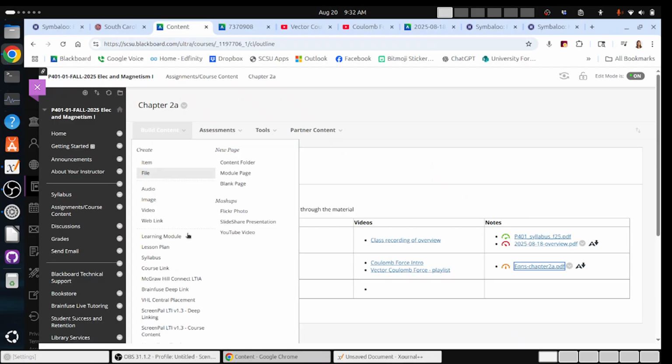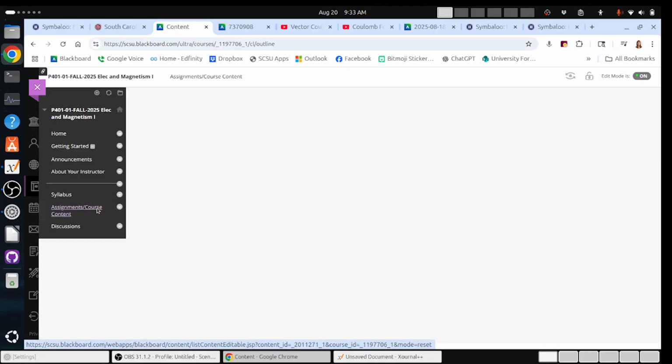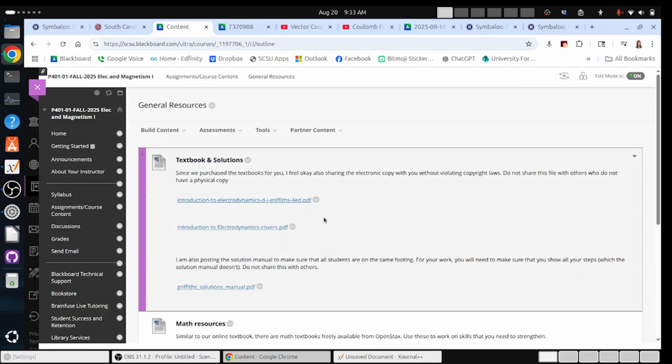And what I'm also going to do here is, I should probably put a link to it, but we're going to go into the general resources and I'm going to open up the electronic version of this textbook so we can see where some of this stuff came from.